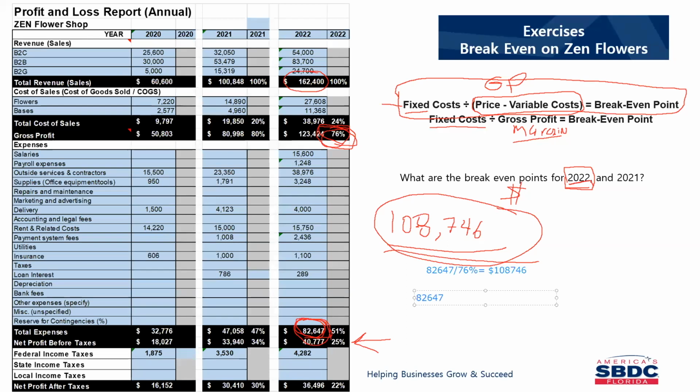Okay. The fixed cost is 82,647. I divide that by 162,400 minus 38,976.